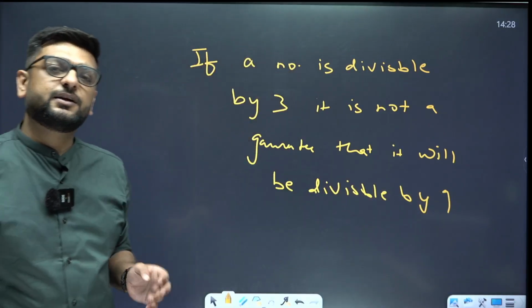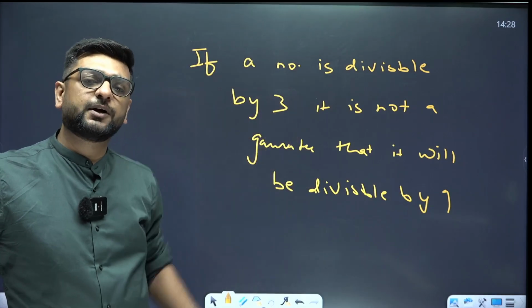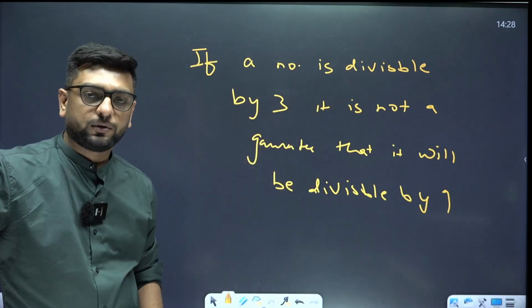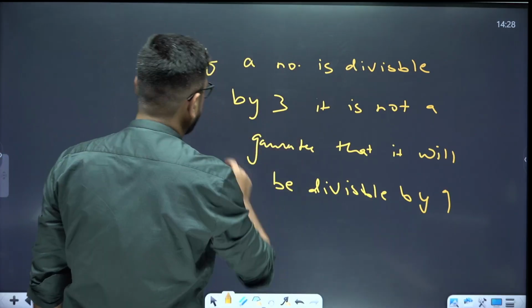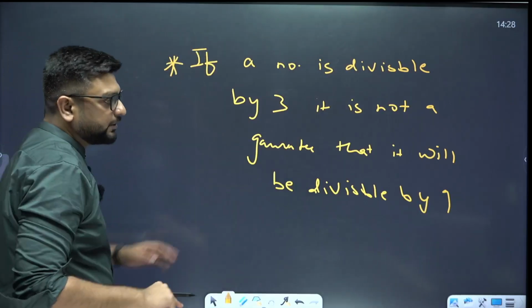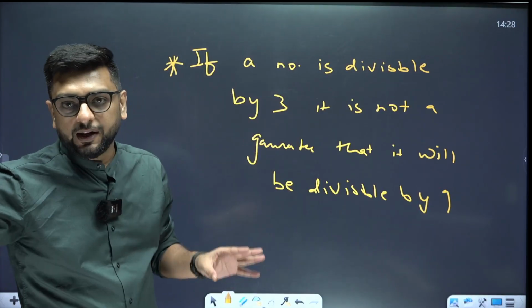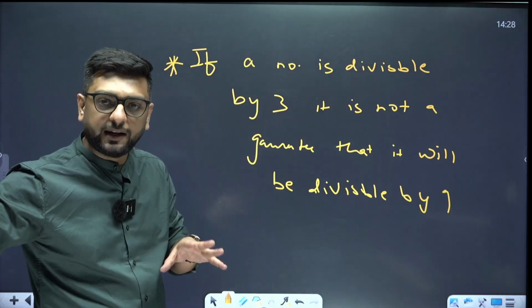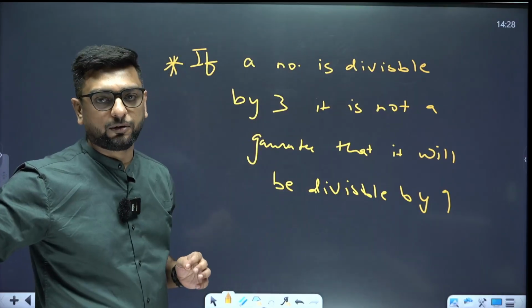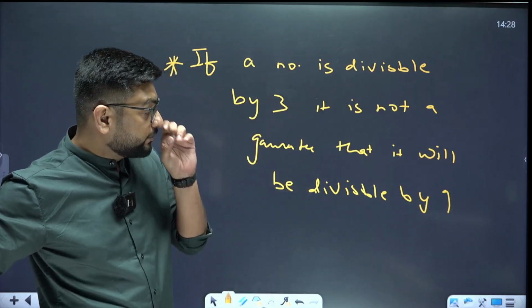But if a number is divisible by 9, it is a guarantee that it will be divisible by 3. So please note it down. It is very important.